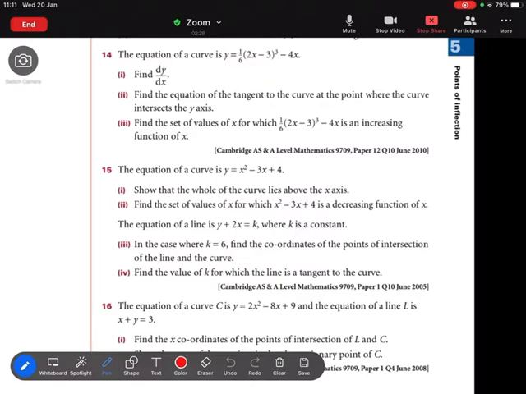In today's lesson, we shall go through differentiation.